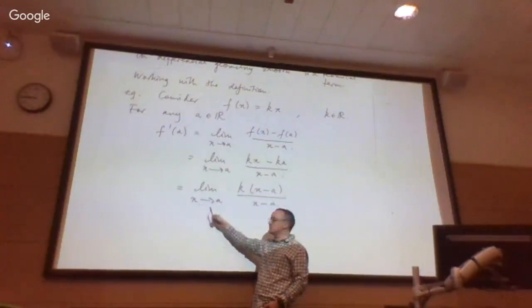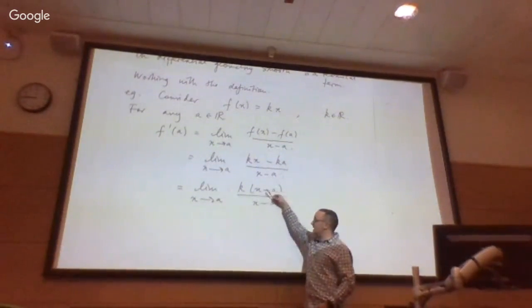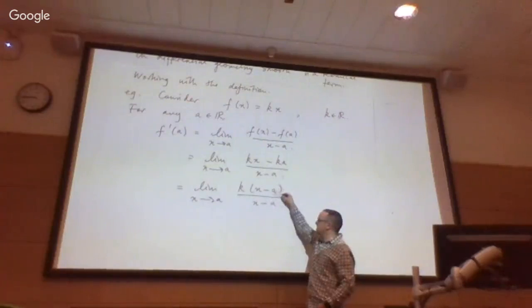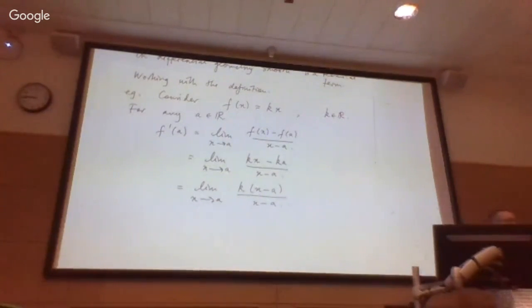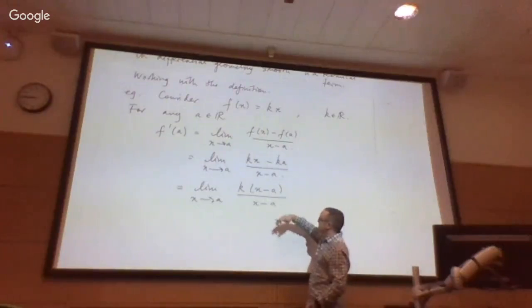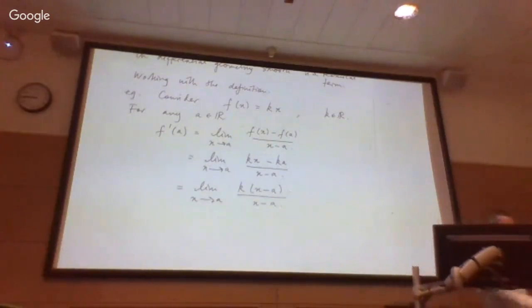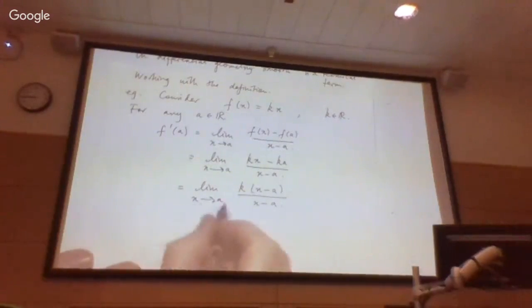So there's no problem about dividing by 0. These quantities x minus a are getting extremely small, but they're never actually 0. So we're justified in dividing by x minus a, top and bottom of this fraction, because we're just looking at the limiting behavior as x approaches a.